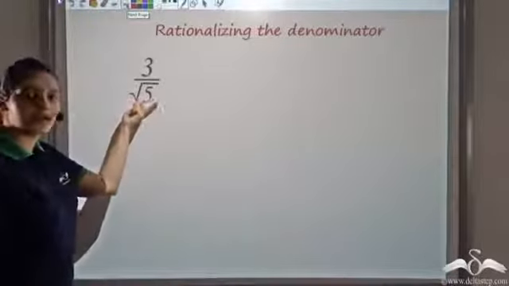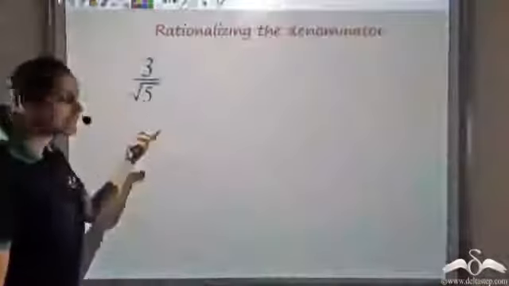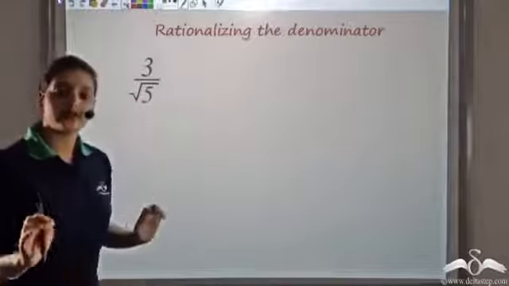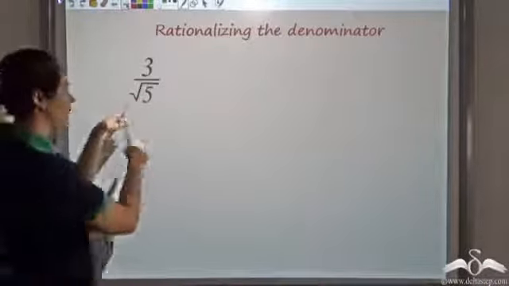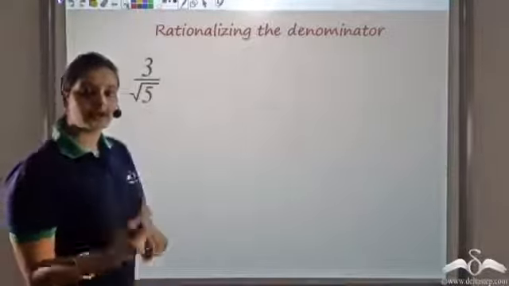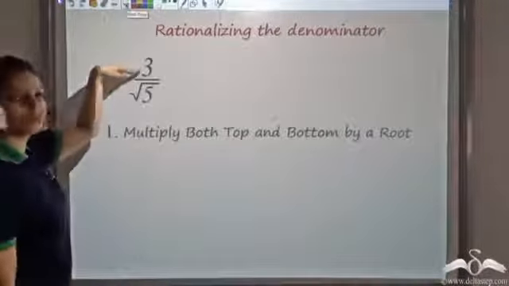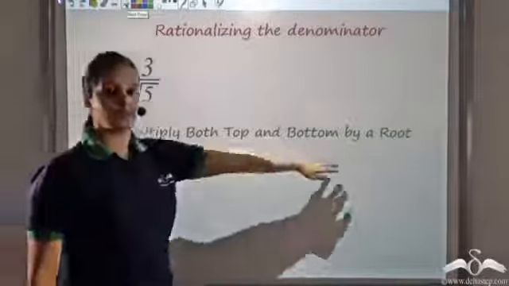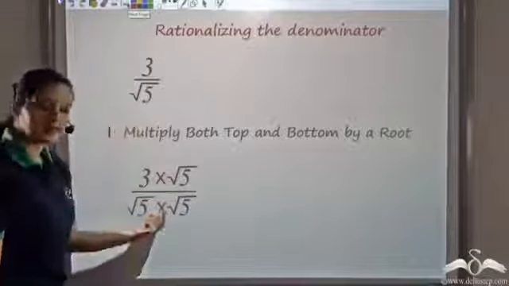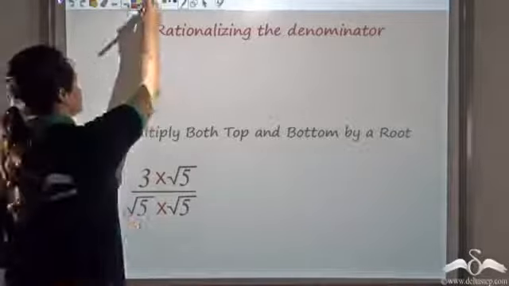This is an irrational number now. How do I convert this irrational to a rational number? We had seen that if I multiply under root 5 with under root 5 only, that gives me 5, which is a rational number. So, I multiply both the numerator and denominator by under root 5.